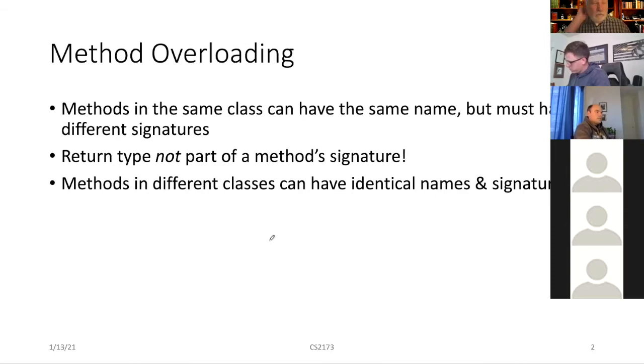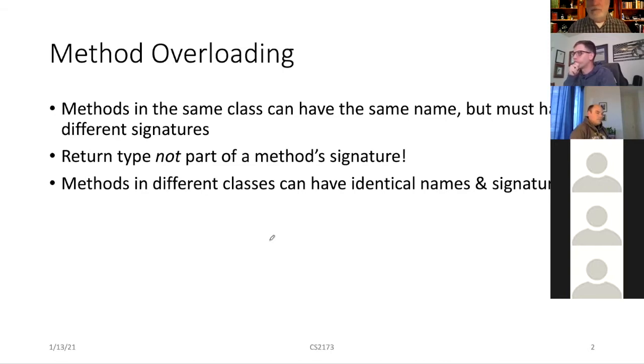Now, one of the reasons why object-oriented programming gives you more flexibility than the single file approach is that if I have two different classes, I can have identical methods in each of them that probably do different things. They may have absolutely nothing to do with each other.